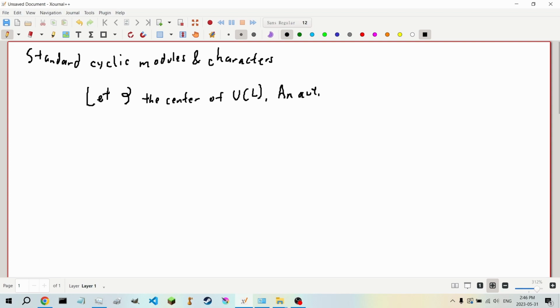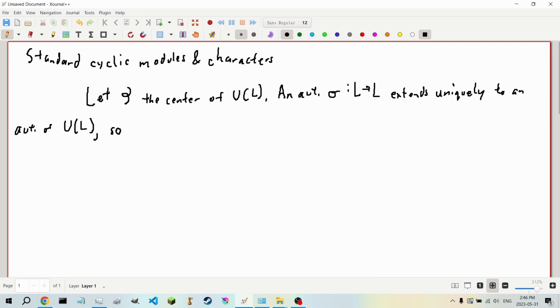An automorphism sigma of L onto itself extends, we know, uniquely to an automorphism of the universal enveloping algebra of L.